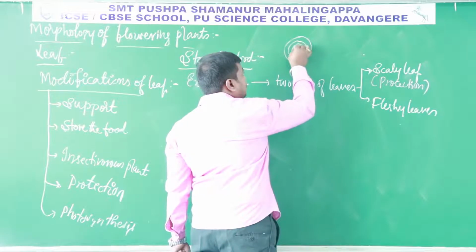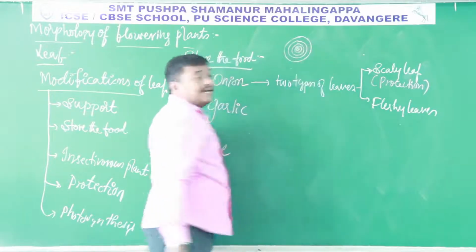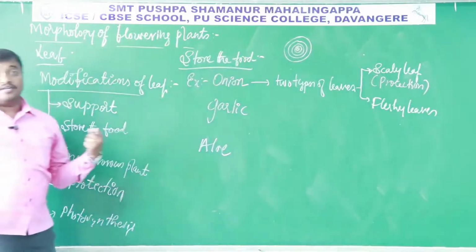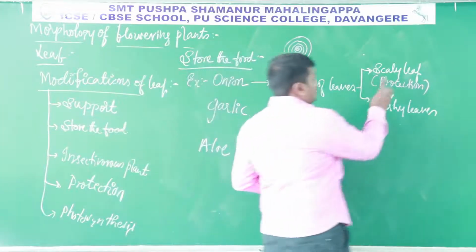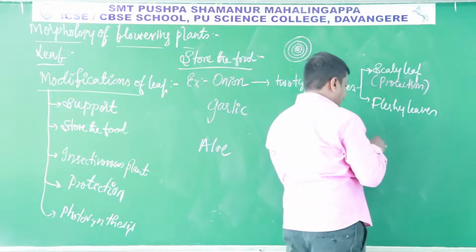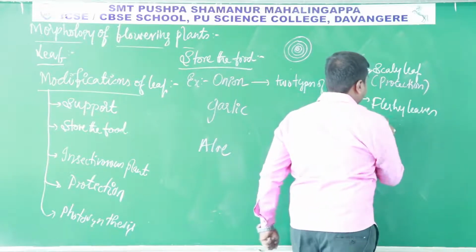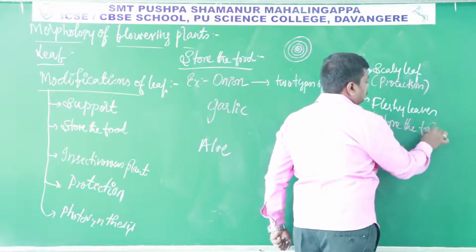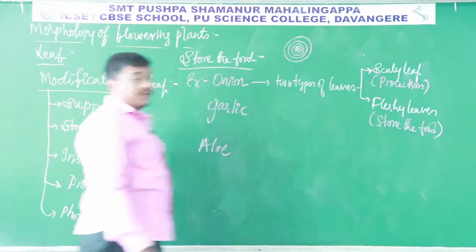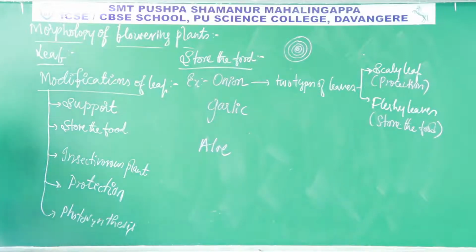Actually this individual one is a fleshy leaf. That leaf stores the food, and it is non-green and circular in nature. Scaly leaves are there, and fleshy leaves store the food.